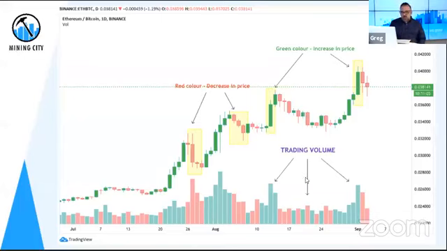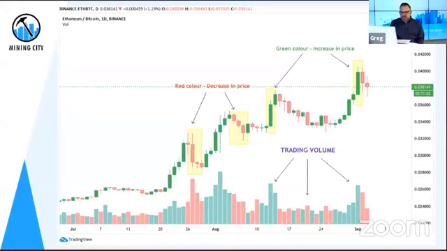The green candle means that the price has risen over a determined time period, while the red candle shows a decline in prices. The body of the candle shows you the difference between the opening and closing price of that time period, while the shadows at each end of the candle show you the highest or lowest point the price has gone over the course of that period.